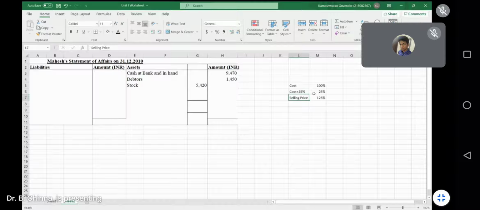Can you all understand the same thing from the question, students? We are all aware cost is 100%, and it includes 25% extra on the cost, and the selling price is 125%. So we are all aware 5,420 is 125%, and we just less the amount of profit.